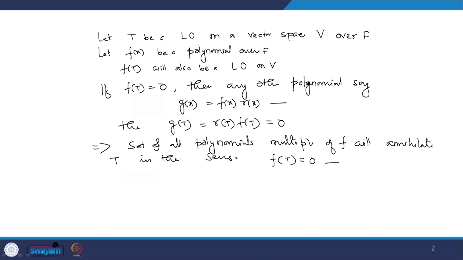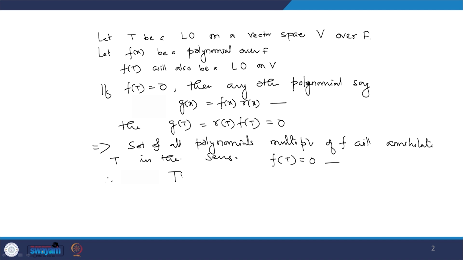So, this set of polynomials will basically form an ideal of the polynomial algebra F[x].